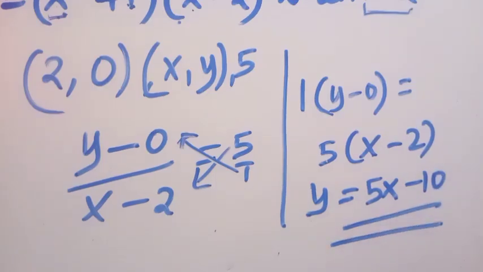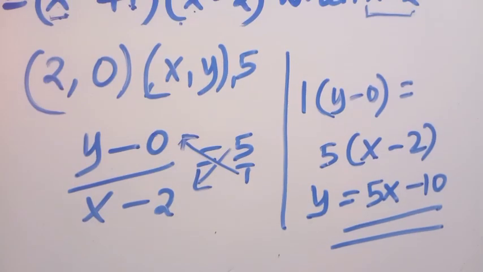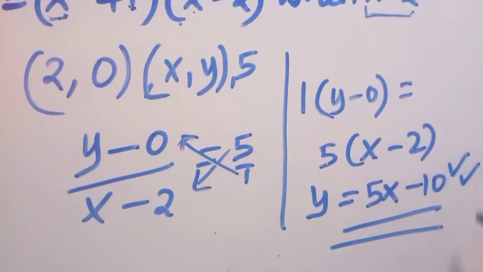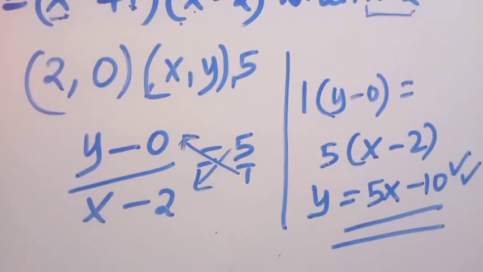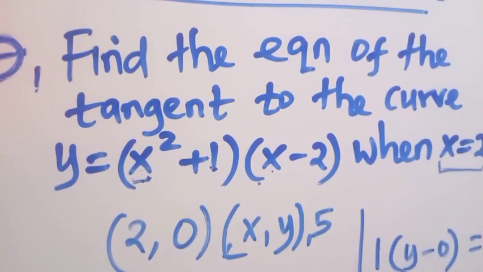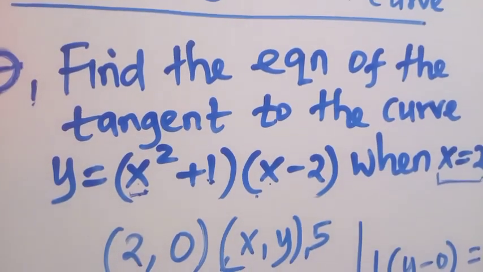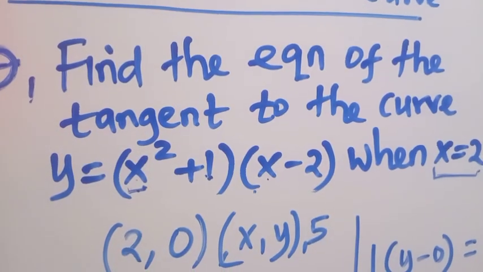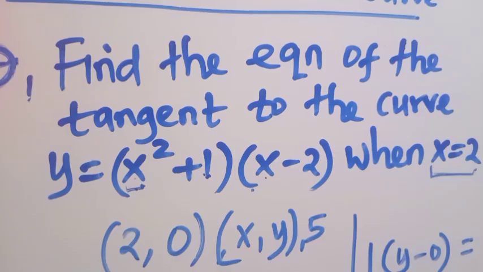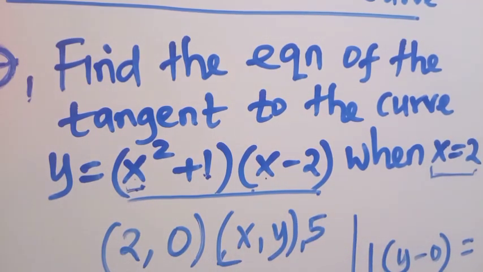And therefore, we have obtained the equation of the tangent to the curve, which is y equals 5x minus 10. That is the equation of the tangent to this curve when x equals 2.